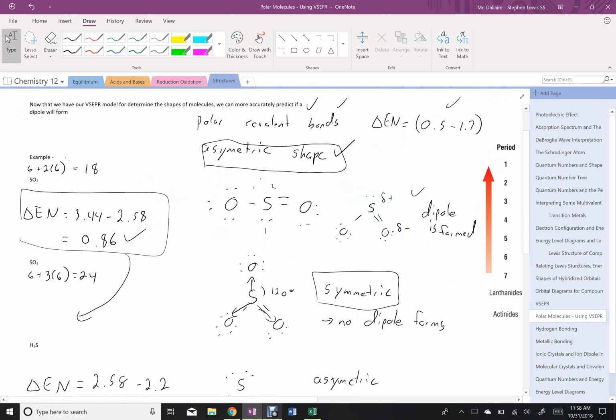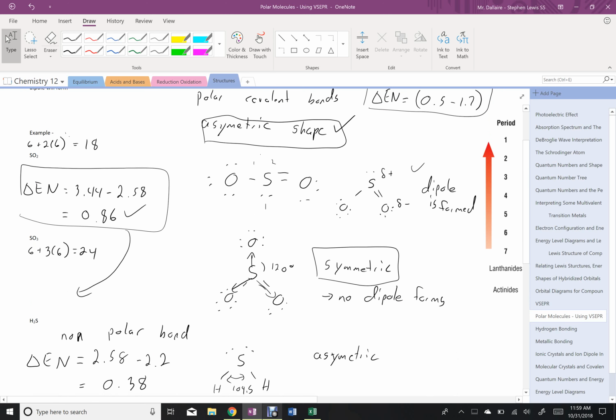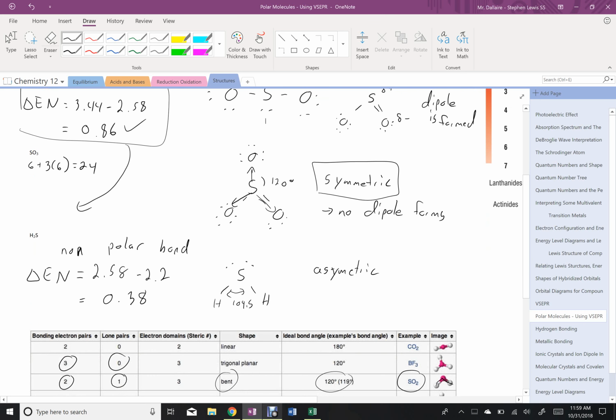That is not big enough to get us into the range that we would consider to be a polar covalent bond. So this is a non-polar bond. Remember, to form a dipole, you have to have both a polar covalent bond and asymmetry. Here we have asymmetry, but we don't have the polar covalent bond, so once again, no dipole forms.